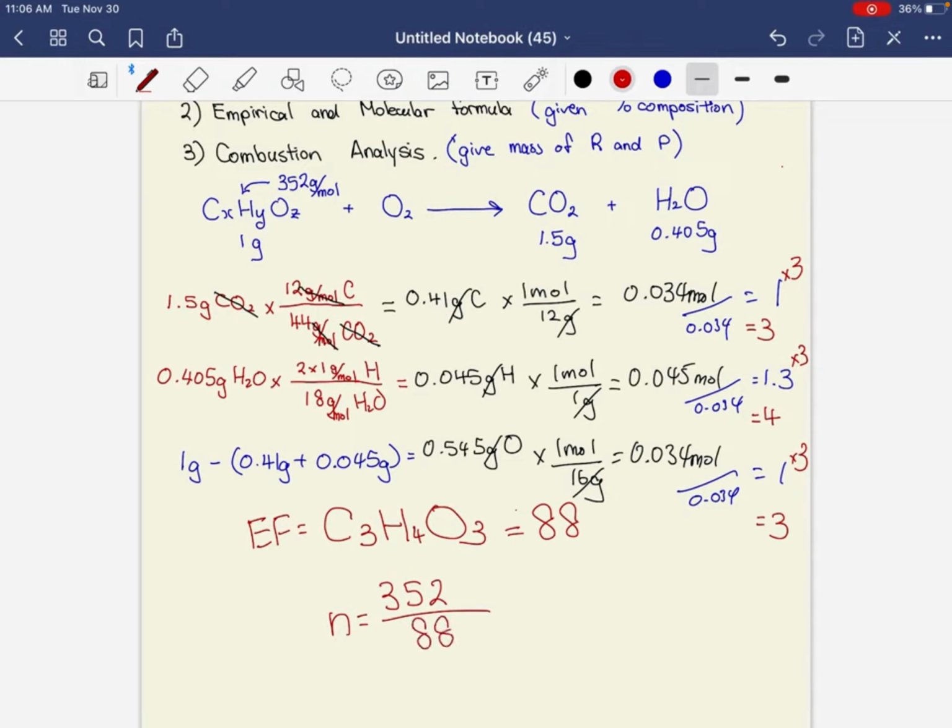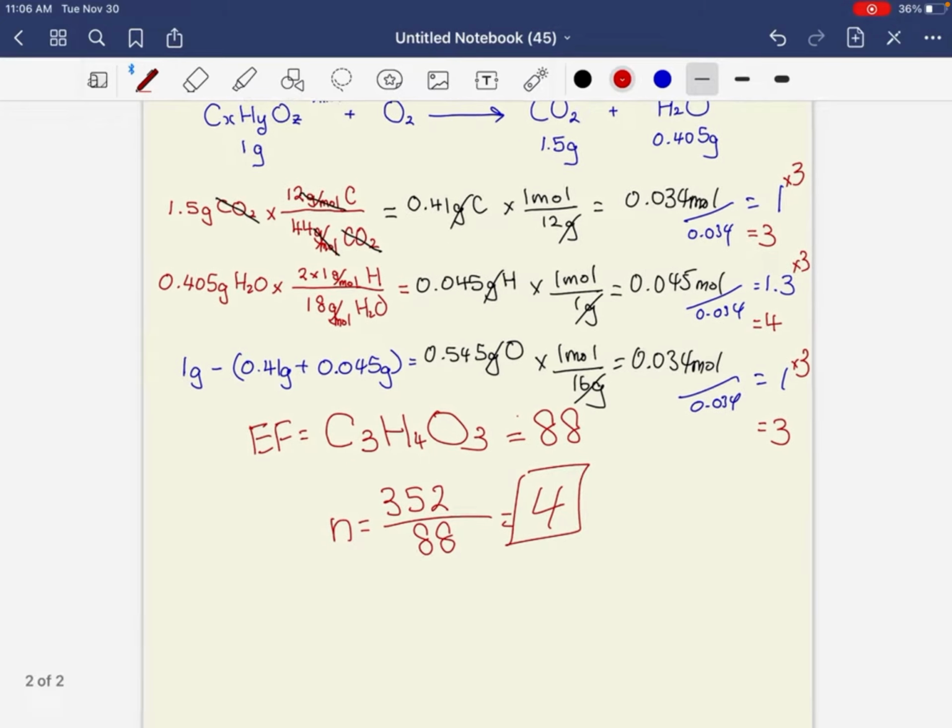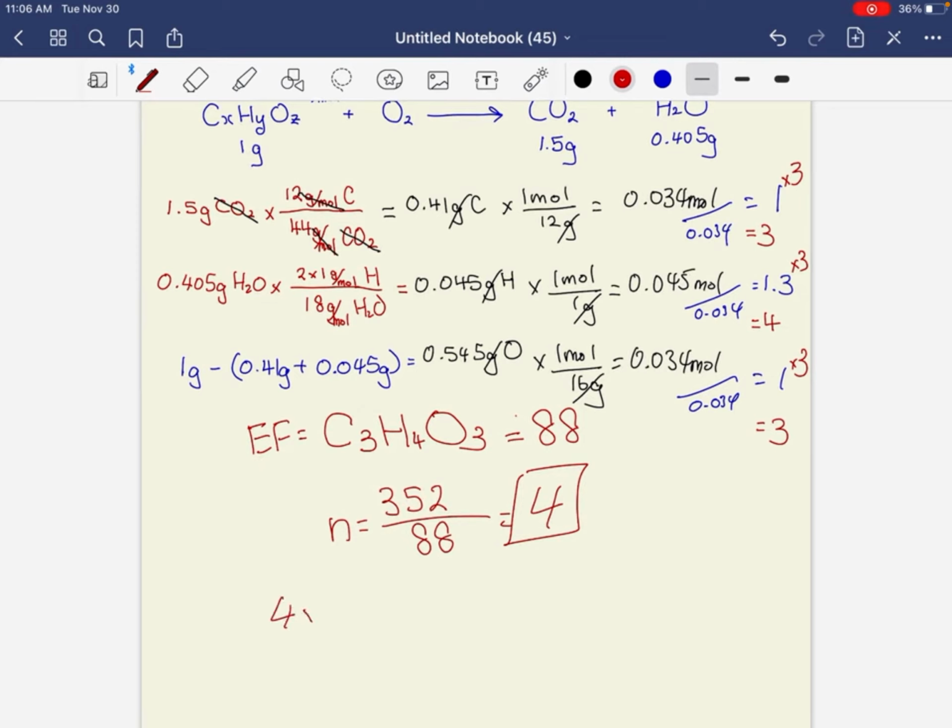So you're going to divide 352 by 88, and your magic number is 4. So what are you going to do with this 4? You're going to multiply that by every member of this empirical formula.